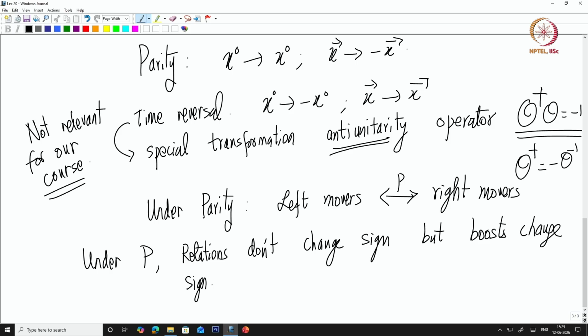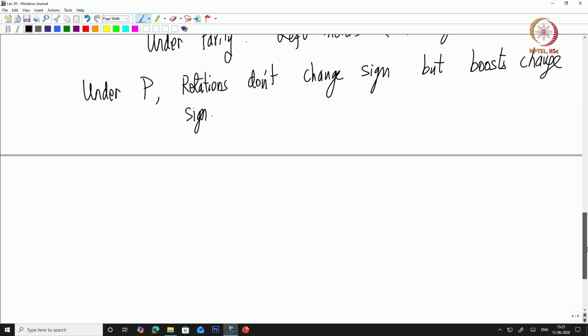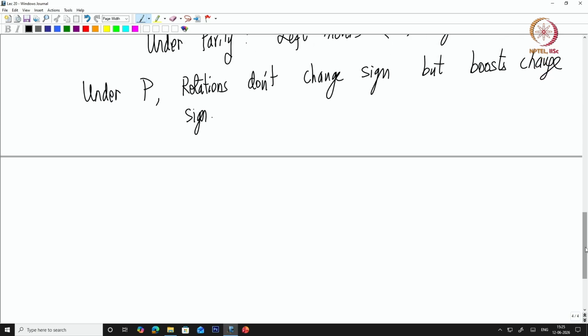This should be exactly what we wrote the other day, that under boost the left handed and right handed get modified. You remember that part.